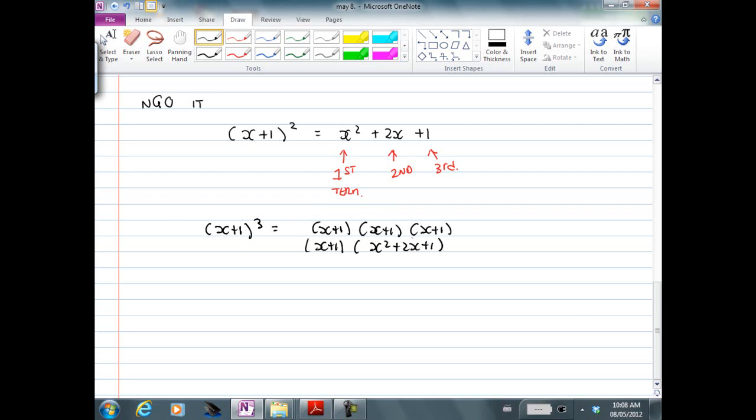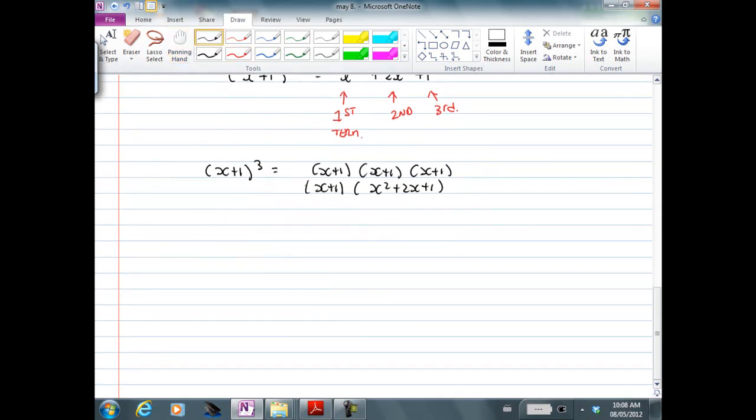Now, you would expand this out, and it's going to be a lot of work, but I want you to expand it out. So you would get x cubed plus 2x squared plus x squared plus 2x plus 1. And all we're going to do is simplify: x cubed plus 3x squared plus 3x plus 1.